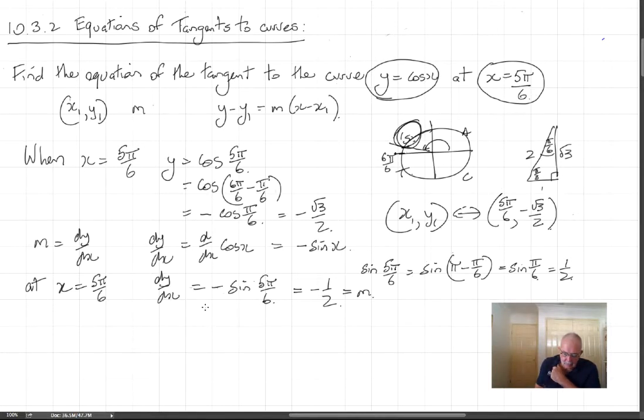Okay, and now that is going to be the gradient at x equals 5π/6. So now I can put it all together. I've got y minus y1 equals m outside of x minus x1. y minus y1 is y plus √3/2, equals m, which is negative a half, outside of x minus x1, and x1 is equal to 5π/6.